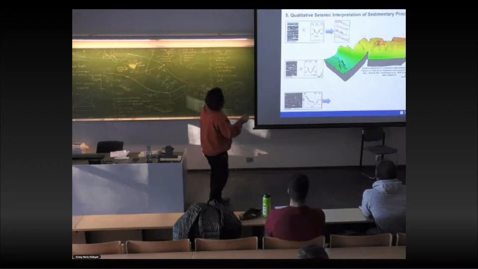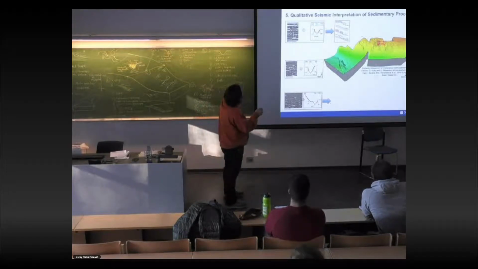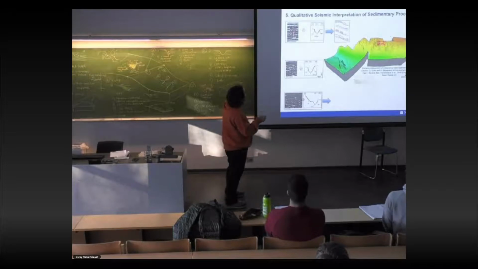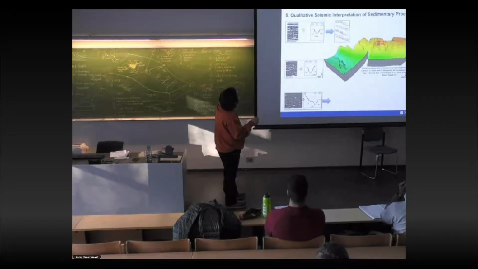If you look at this, the red dashed line is the canyon surface, and you see it's faulted, so it's not continuous. From this feature, we can see that the canyon surface is located in this black reflector.